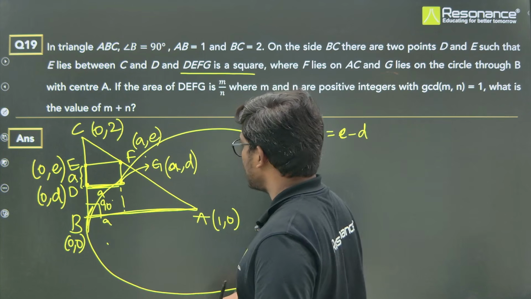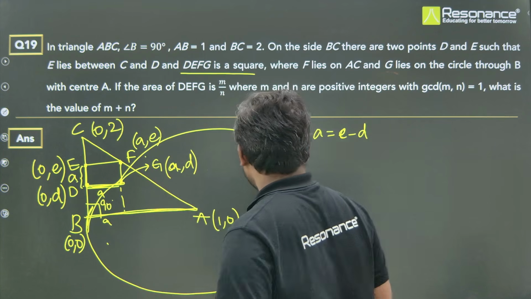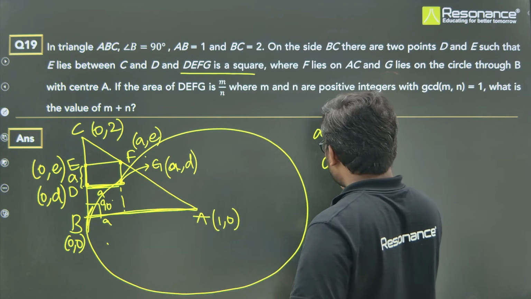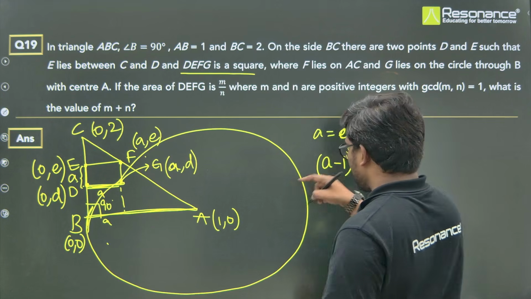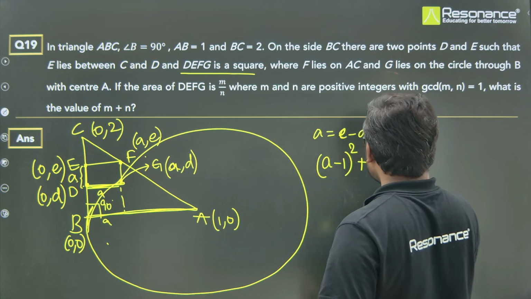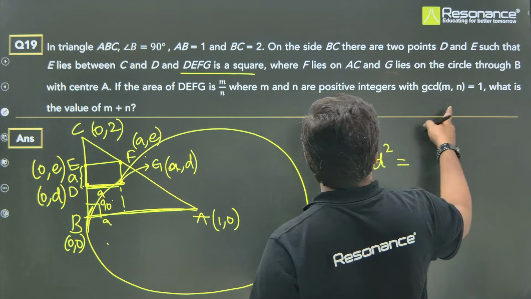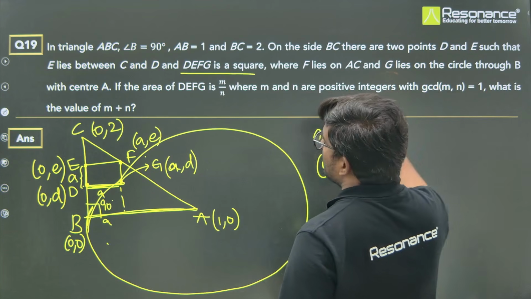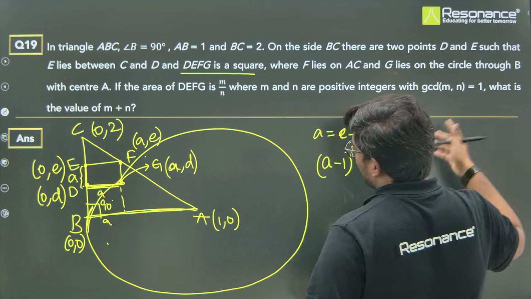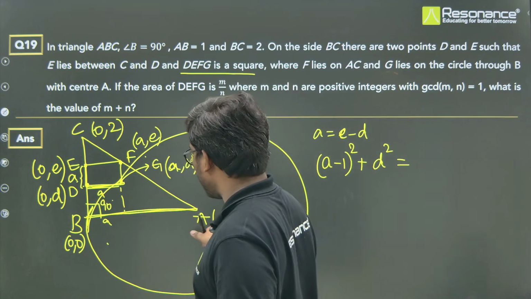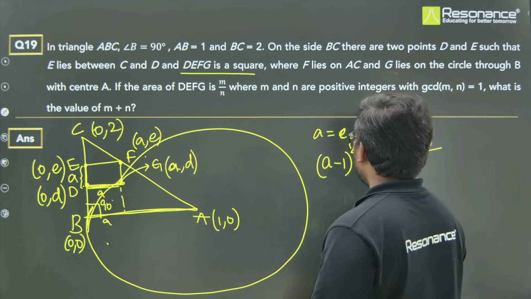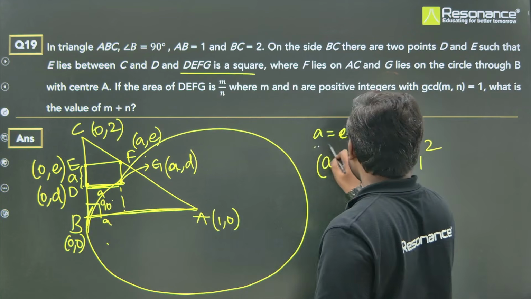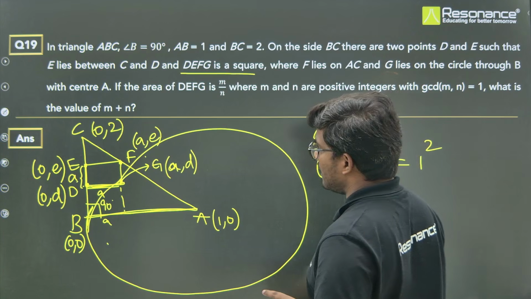One more equation is that G is on the circle. So (a minus 1) whole square plus (D minus 0) whole square, D square, equals the radius squared. The circle passes through B and has center at A, so the radius is 1.